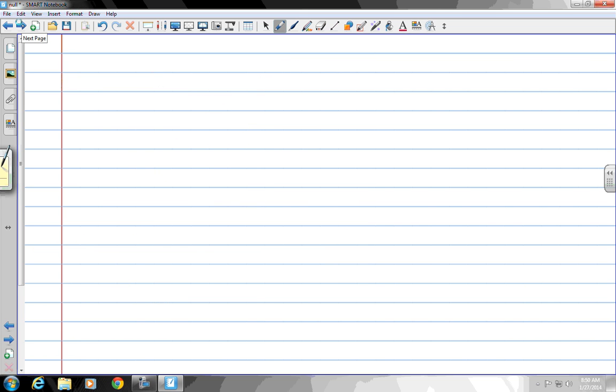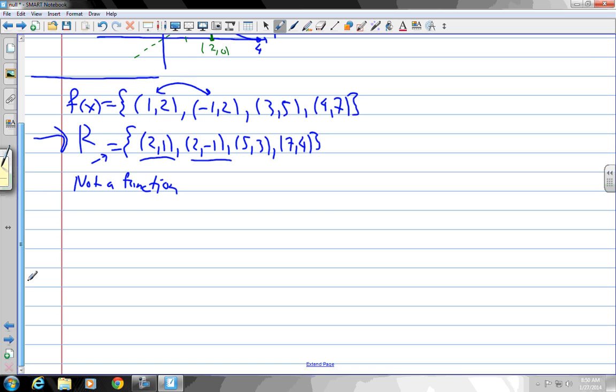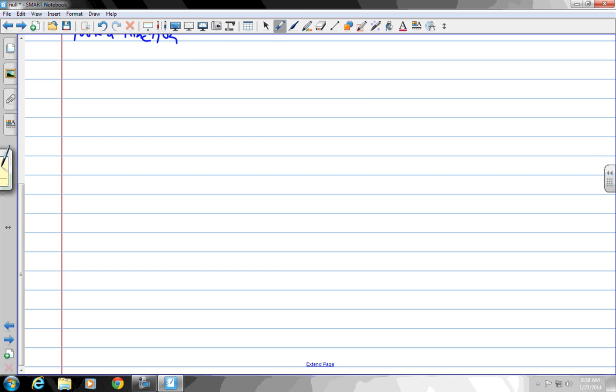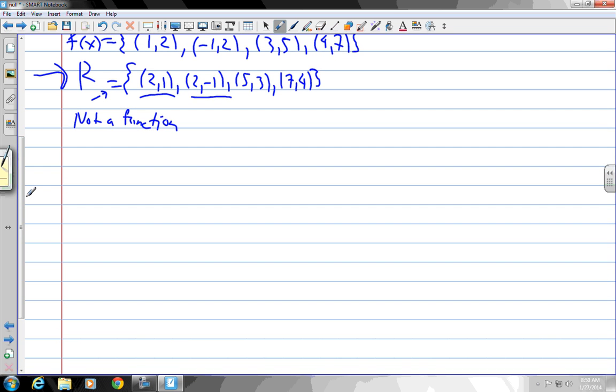So one-to-one functions, actually let's do it here. So definition of a one-to-one function. A function has to be one-to-one in order to have an inverse.